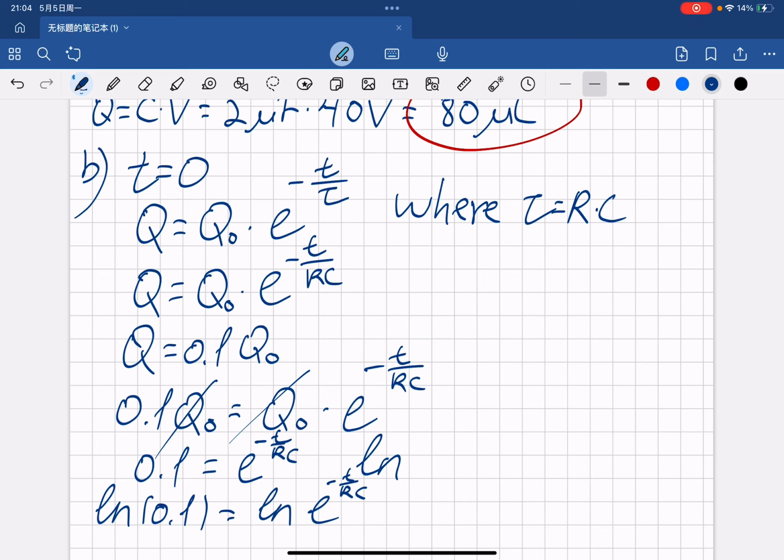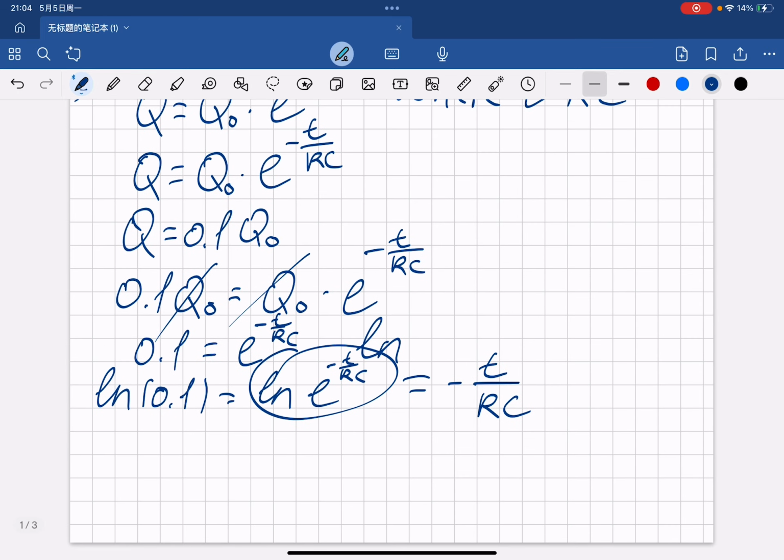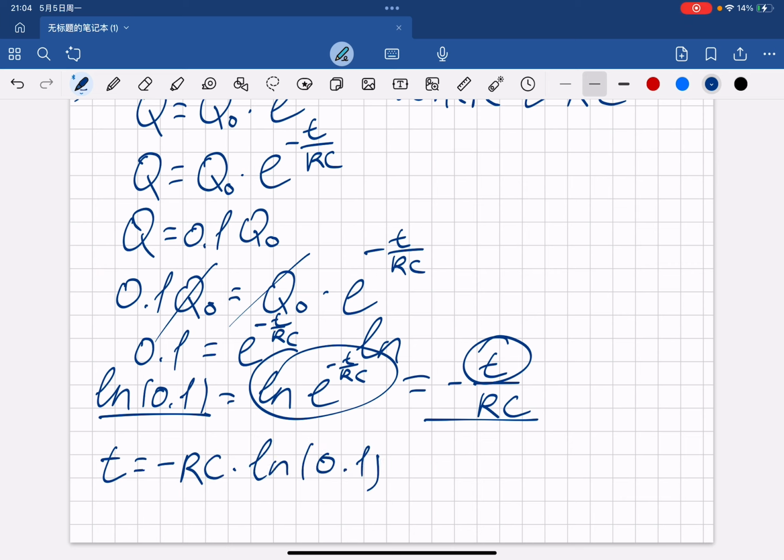That will equal minus t divided by RC, so ln 0.1 is equal to minus t divided by RC. So we need to find the time. t is equal to minus RC times ln 0.1. This is the time it takes for the charge to decrease to 10% of the initial value.